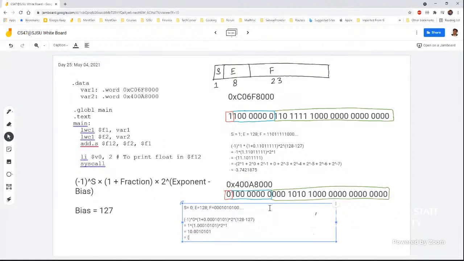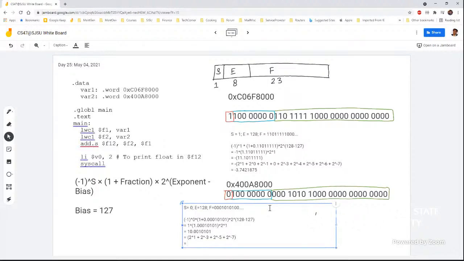So it will be 2 to the power 1 plus 0 plus 2 to the power minus 1, minus 2 to the power minus 3, then 0, then 2 to the power minus 5, 2 to the power minus 7.